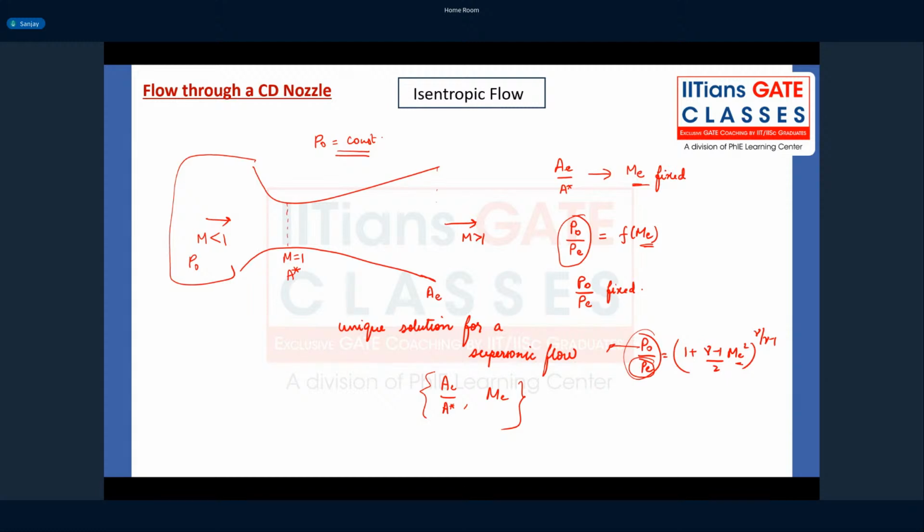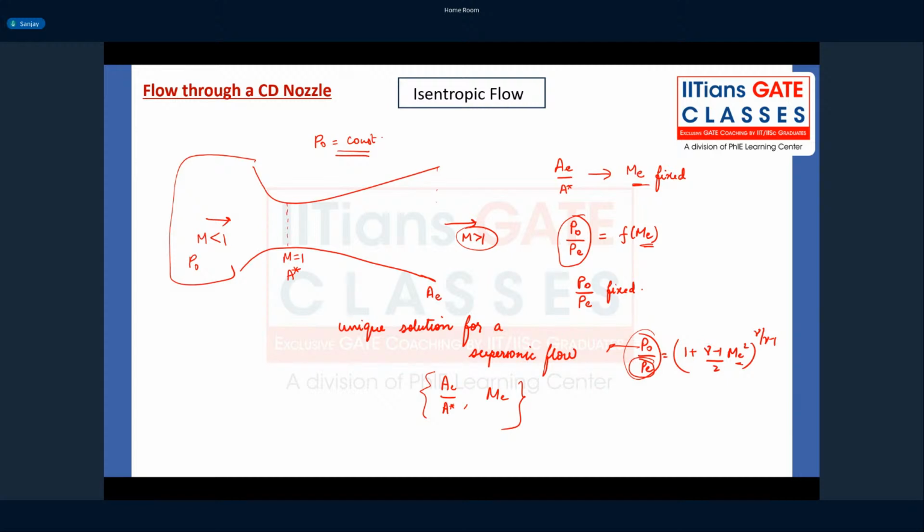Now, if my throat is not choked, then do you think we will have supersonic flow at the exit? No, right? The flow is going to be subsonic because you are not going to reach the appropriate pressure ratio.